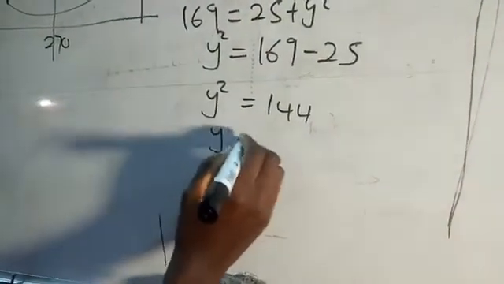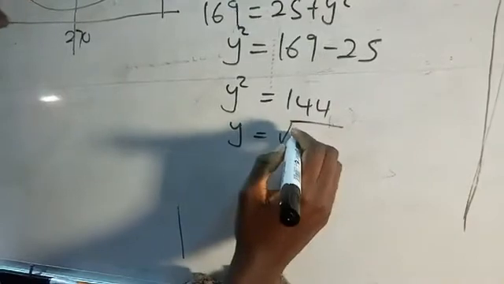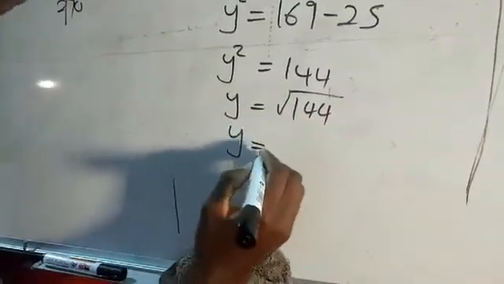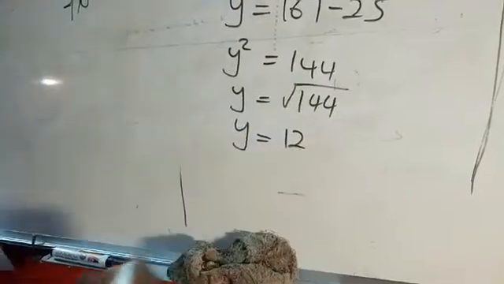Getting y alone, the square root of 144, y equal to 12.